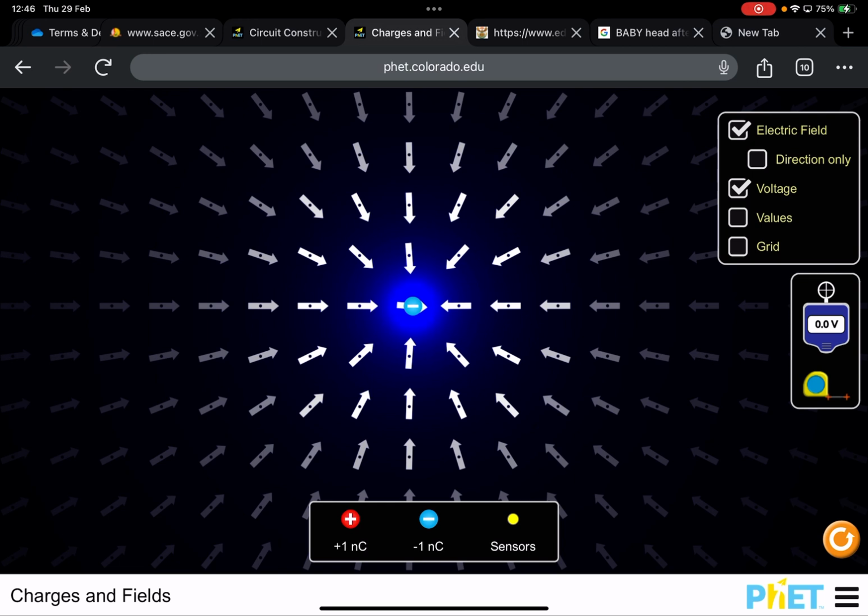Is it from positive to negative or negative to positive? Positive to negative. So the same thing here. With charged particles, it's away from the positive towards the negative. That is why you see the arrows pointing in towards the negative.